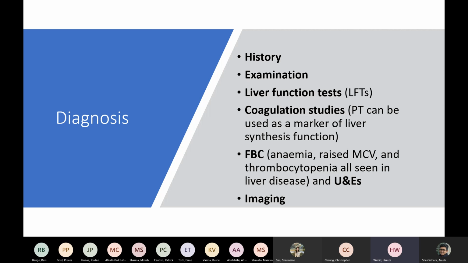The tests are usually ways to confirm a lot of the diagnoses you may already have made based off of those two things, if you've done them well. But all things that you guys mentioned, so good job. Imaging is more of a thing for obstructive jaundice, so I'm not going to talk about that much.